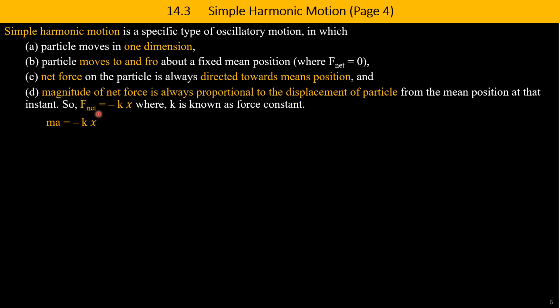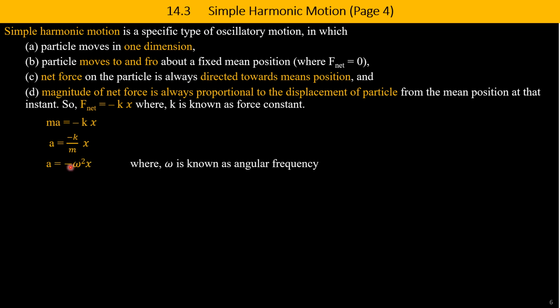So we can write this equation, F net equal to minus kx, substituting force as mass into acceleration. Therefore the left hand side is ma equals minus k into x. Therefore, rearranging, a is equal to minus k by m into x.